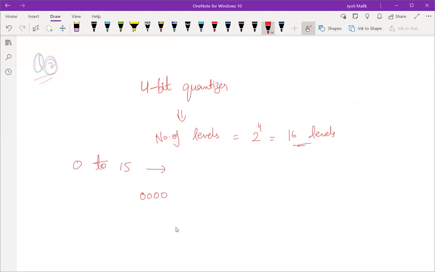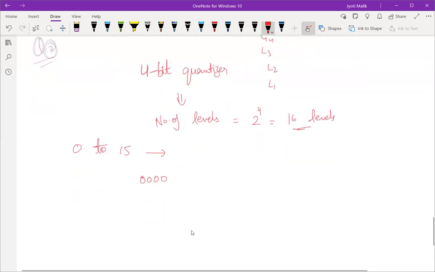I'll tell you, just wait for a second. Corresponding is nothing but the number of levels, let's say L1, L2, L3, L4. You are mapping them like this.